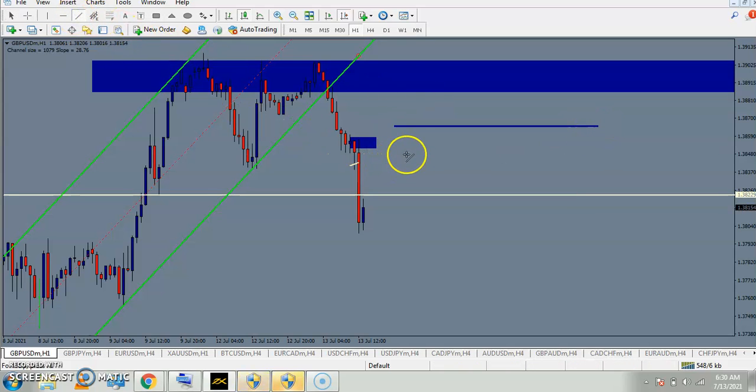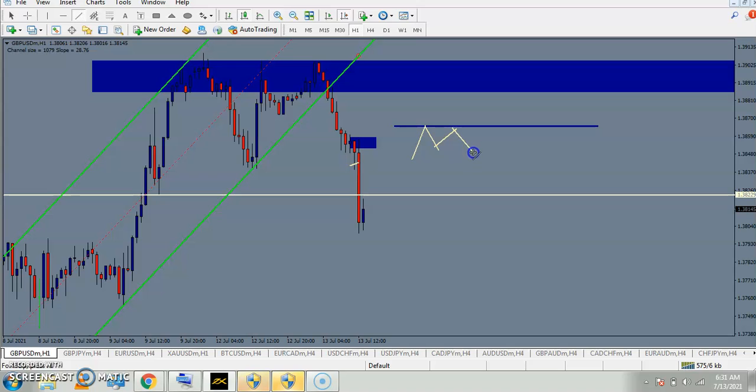if in H1 you see price hitting that top and then it reverses back, it means price has rejected that point, okay? Then it goes back the second time to make another one, then rejects it.